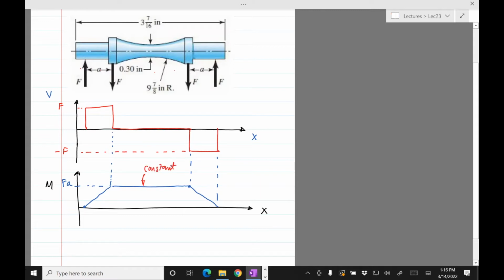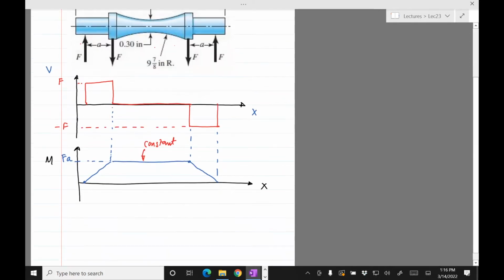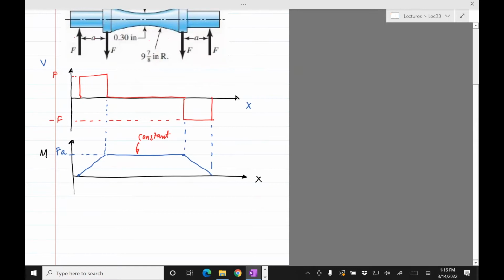Okay, this is also known as a 4-point bending specimen, very commonly used in testing. The nice thing about this kind of loading is that the moment is constant. So you can be certain that those moments can be used to validate any theory which involves pure bending in the middle part of the beam.